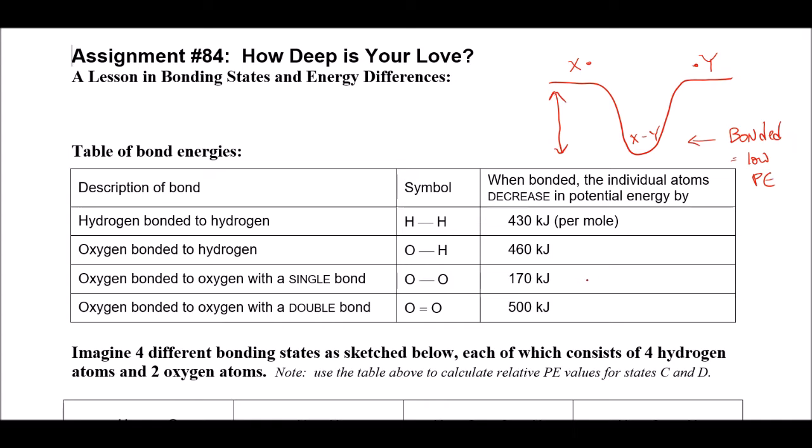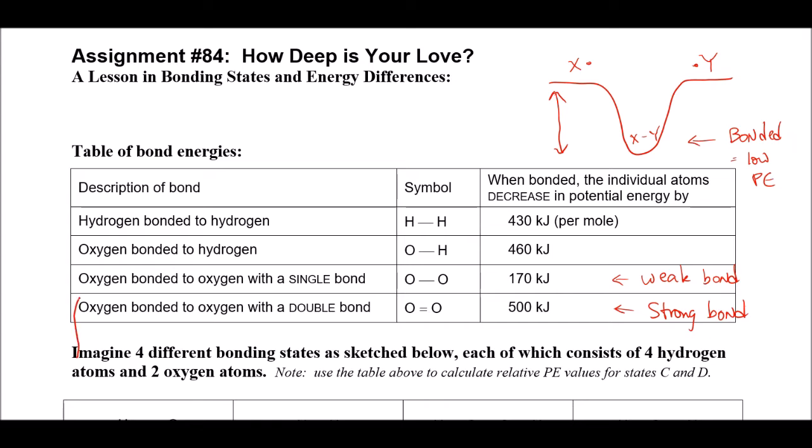If it's a small number, this means it's a weak bond, easy to break. If it's a large number, that's a strong bond, hard to break. All right, so that's the general idea.